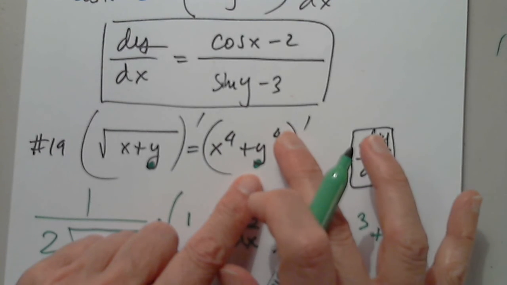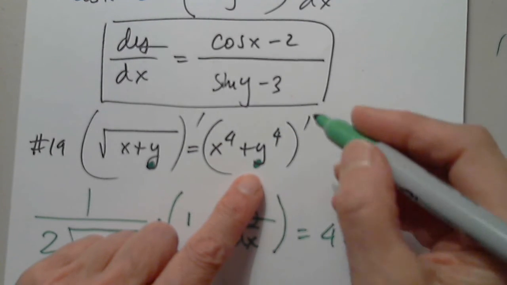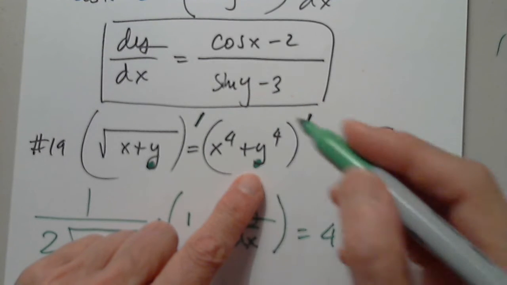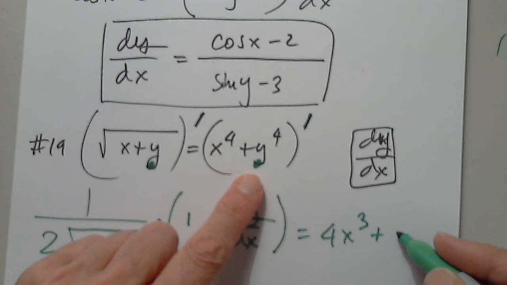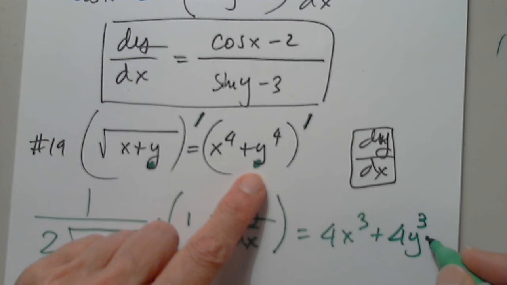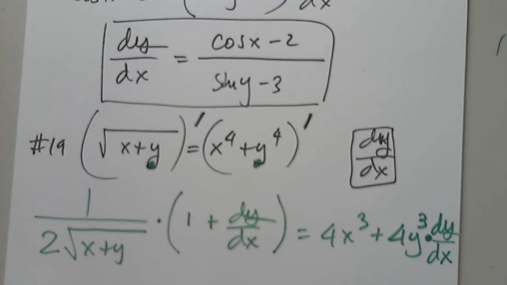A function to the 4th power prime, will that still be 4y cubed? Times the inner function prime. Please write those few words on a sticky and put it in front of you on the monitor: dy over dx. Please, it's very important.